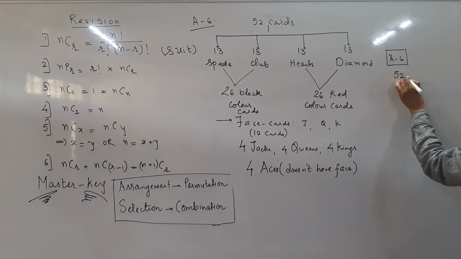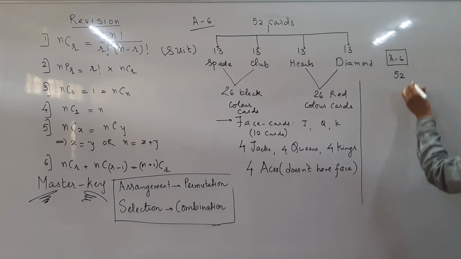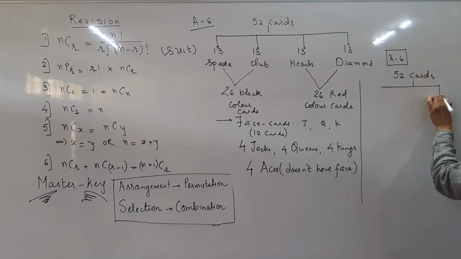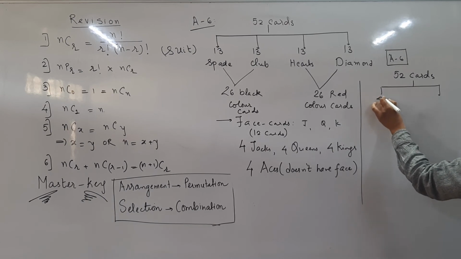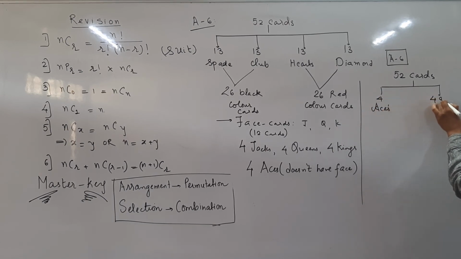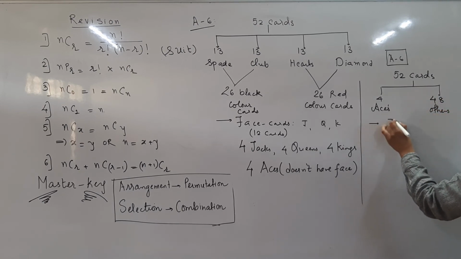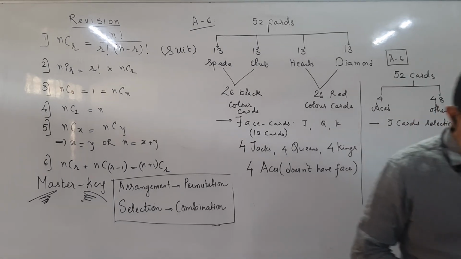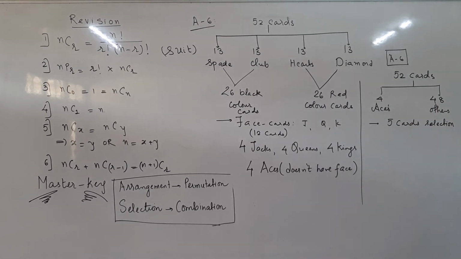Now, 52 cards I divided like this: 4 aces and 48 others, and we have to select 5 cards.